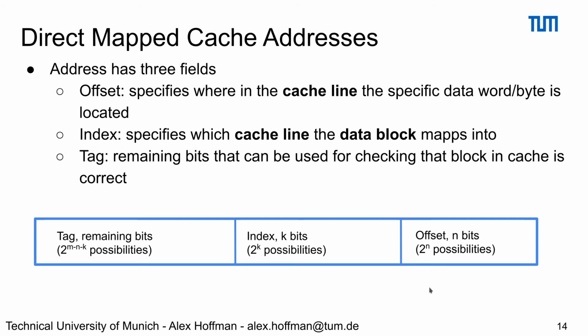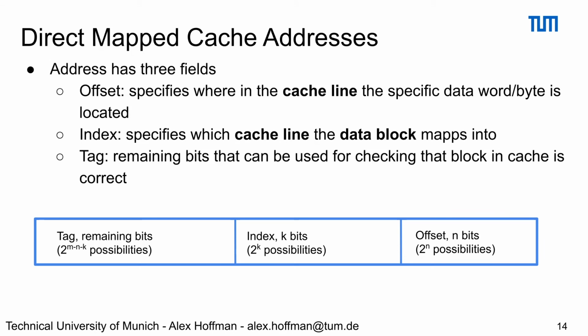If we look firstly at the offset, imagine here my basic example of a 4 megabyte cache with 4 cache lines. This means that every cache line is 1 megabyte in size, and so it can store 1 megabyte worth of individual addresses in it. So we need a way of saying, okay, I know that my block is in memory, so the value I want, its megabyte block, is loaded into cache.